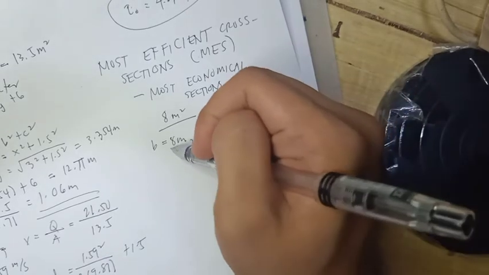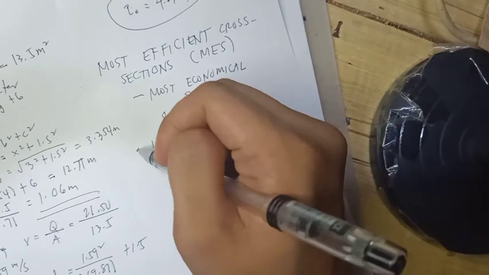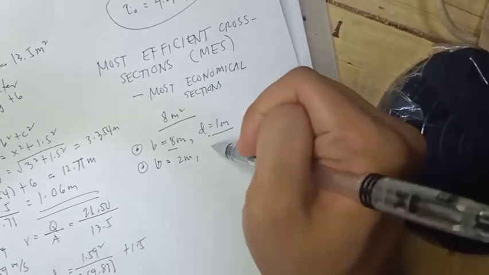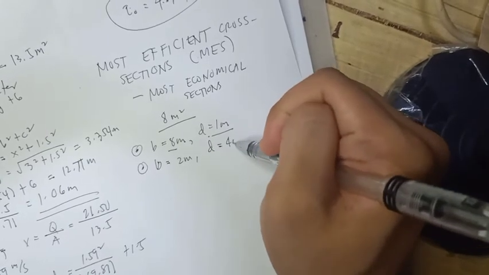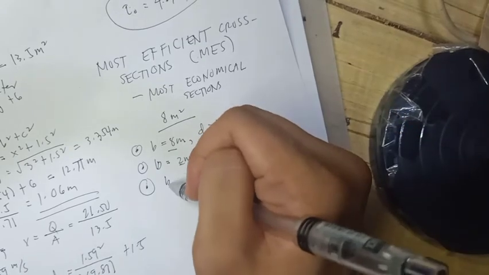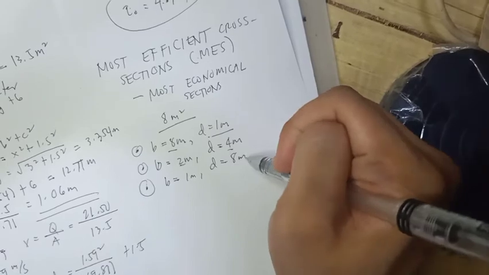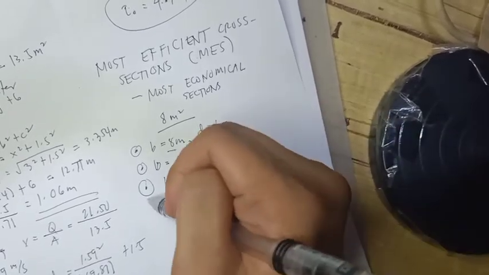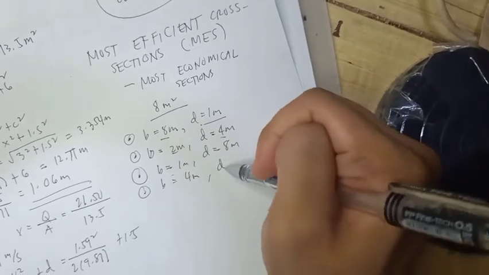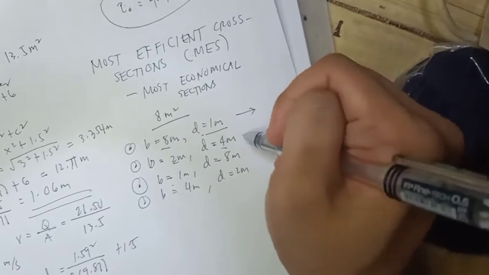Next option, a base of 2 meters and a depth of 4 meters, 2 times 4 is 8. Next, a base of 1 and a depth of 8 meters, 1 times 8 is 8. Fourth option, a base of 4 meters and a depth of 2 meters, 4 times 2 is 8.